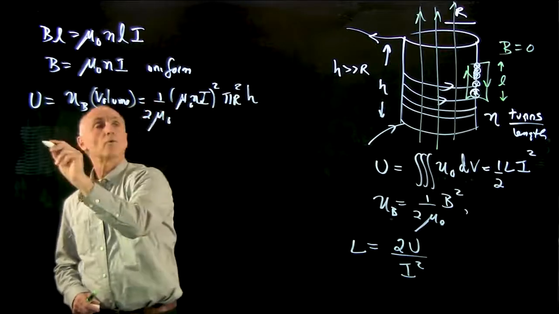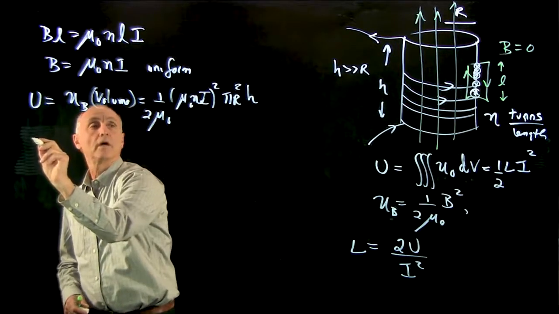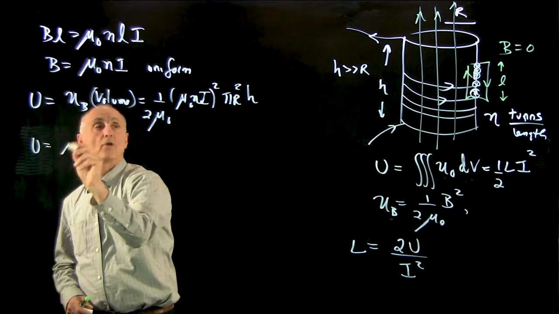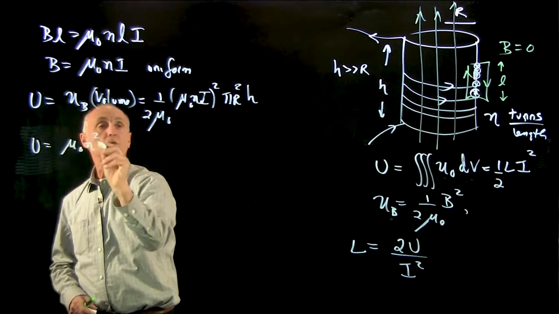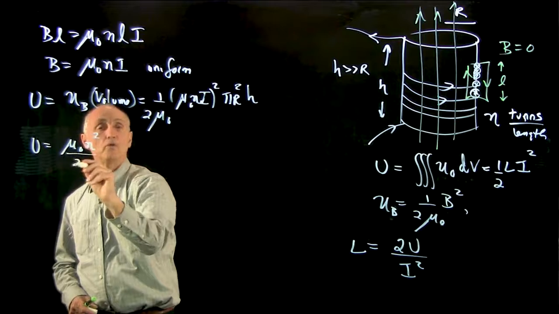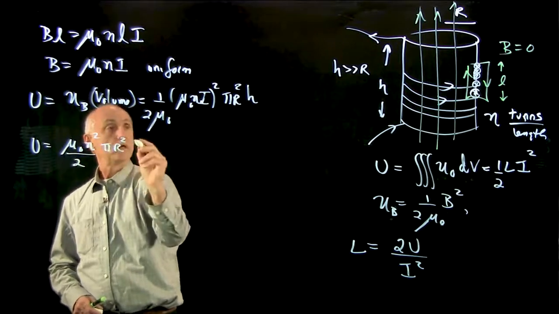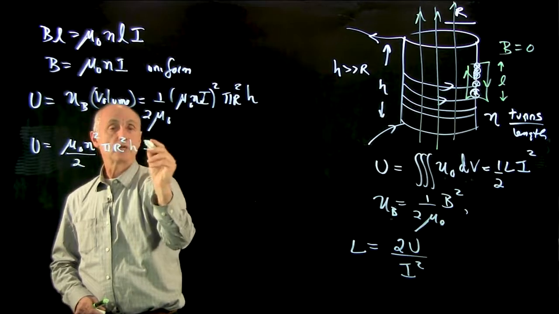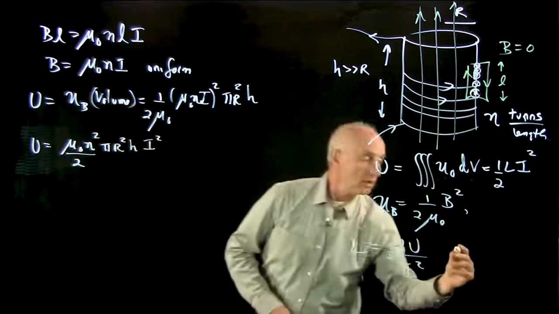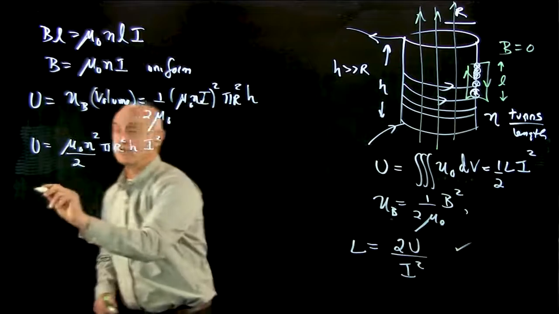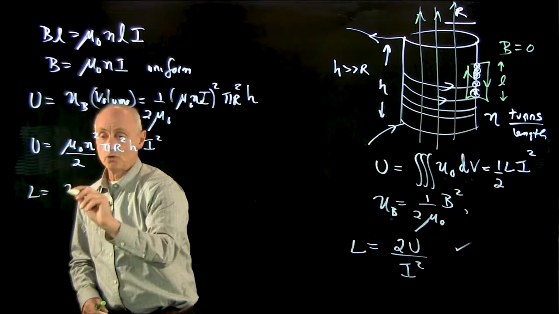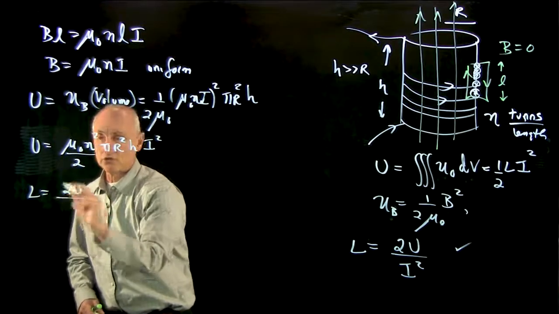And, well, let's just clean this up. And we'll write it as mu naught little n squared over 2 pi r squared h times I squared.